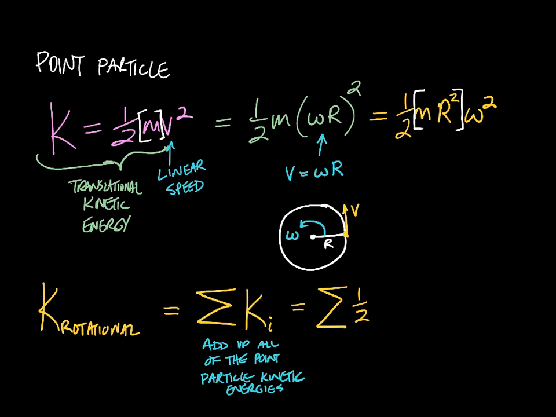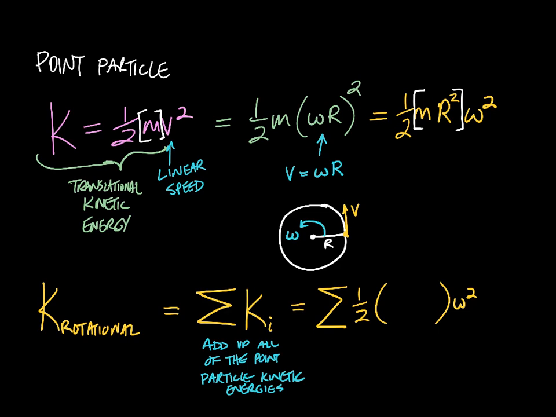I have this 1/2, and I have something else and my omega squared. So this still is very kinetic energy-ish because it's got a half something speed squared. Kinetic energy has that feature going for it.